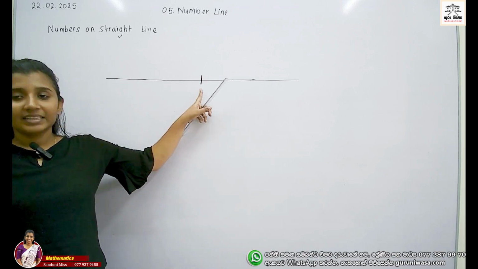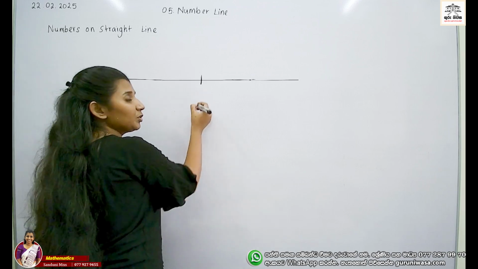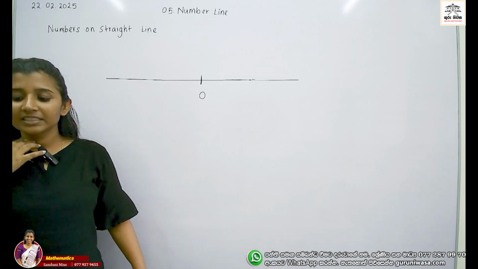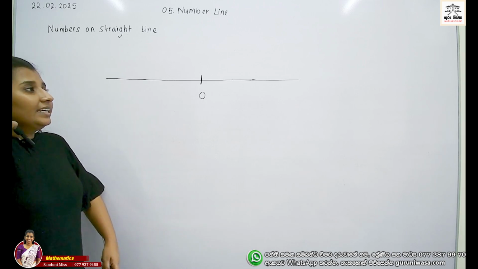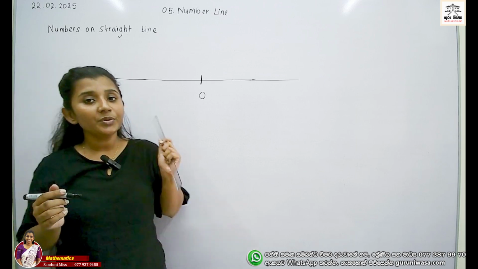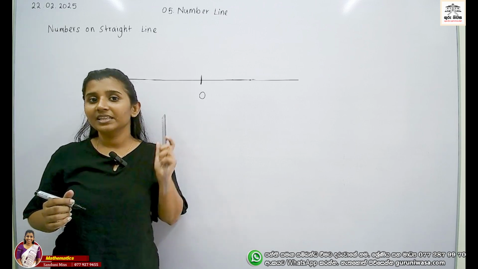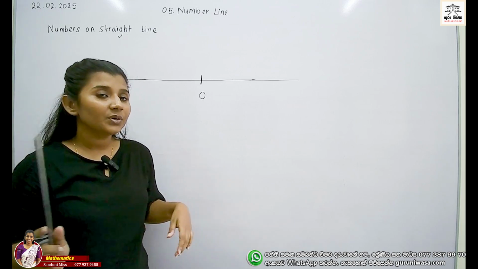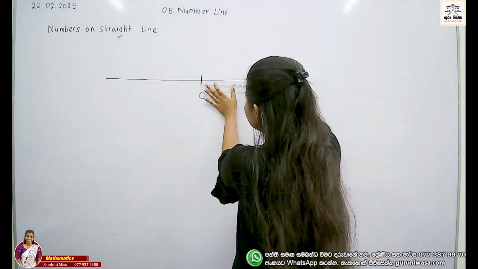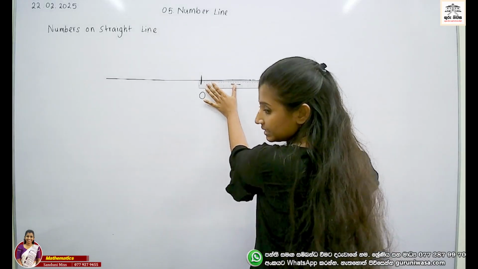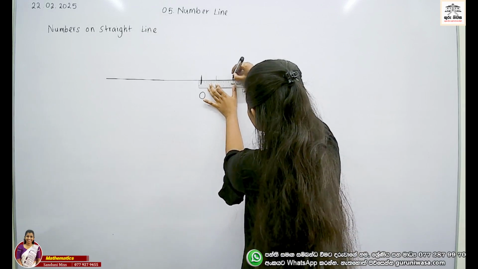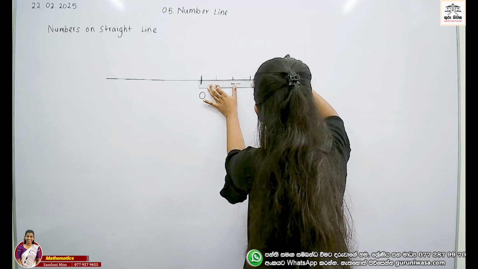The number I'm going to mark here is 0. Next, I'm going to take equal gaps and mark the rest of the numbers. This side, I'm going to mark equal gaps.